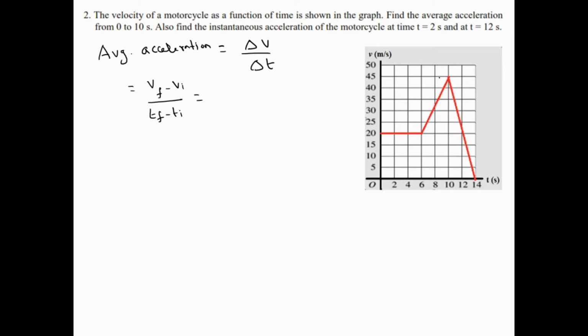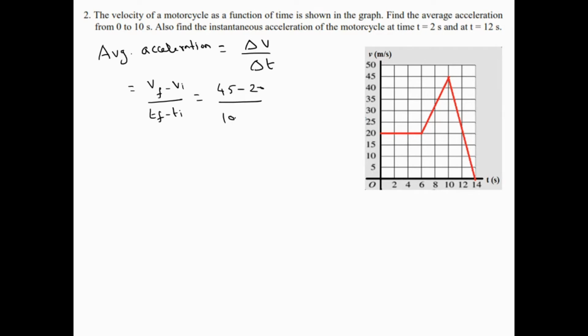The V final here is 45 at time t equal to 10 seconds. So for 10 seconds, what is the final velocity? The final velocity is 45. And what is the initial velocity? Because we are going to calculate from 0. So what's the initial velocity? 20. So 45 minus 20 divided by the final time 10, the initial time 0.